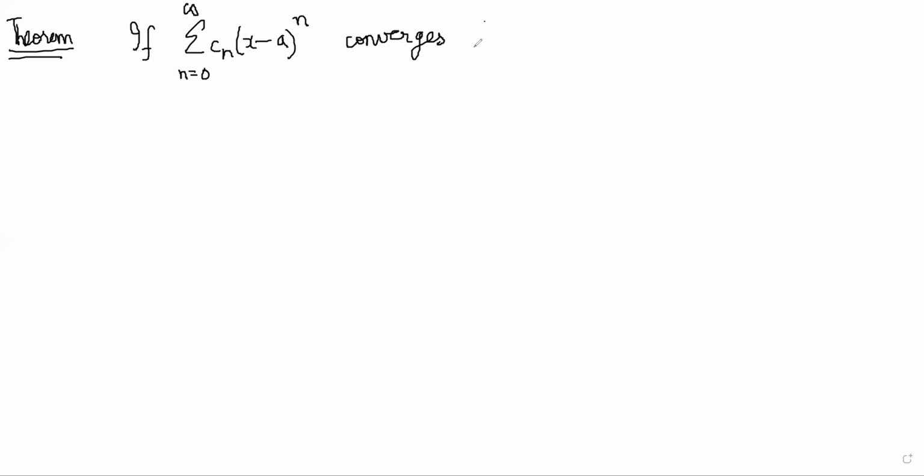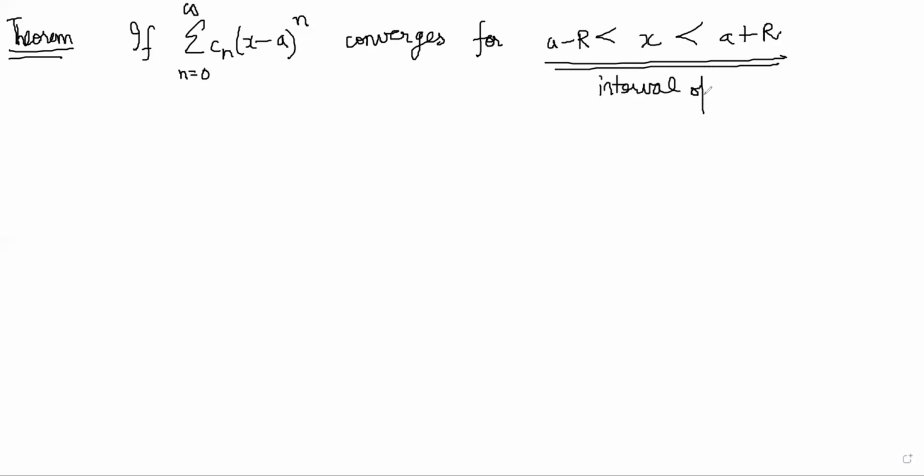So if it converges for x belonging to a minus r to a plus r, this is called the interval of convergence of the power series.